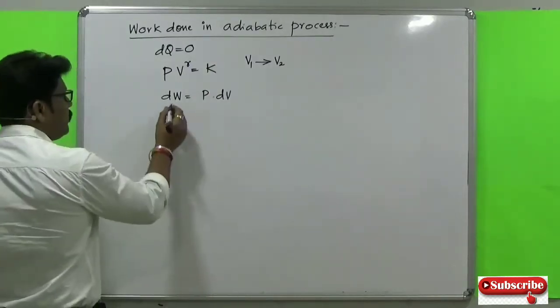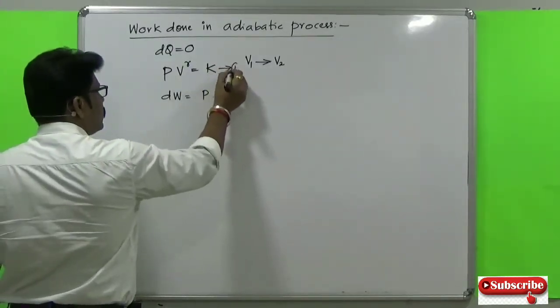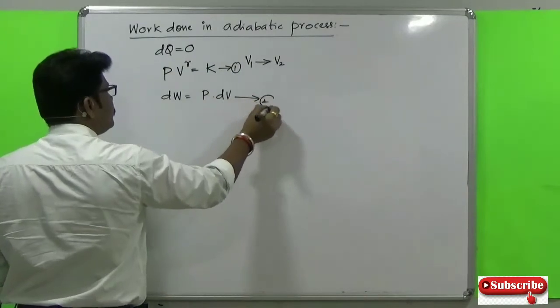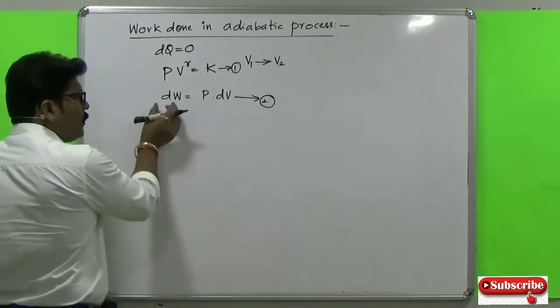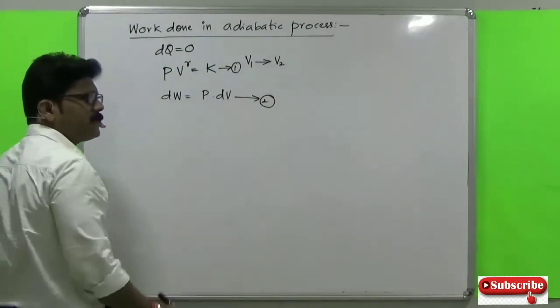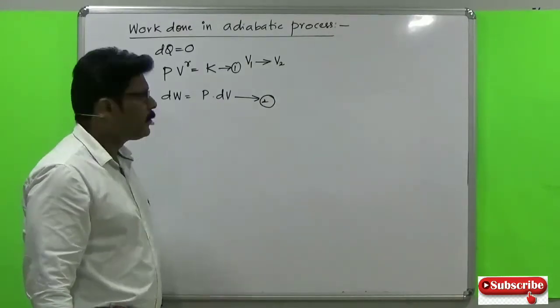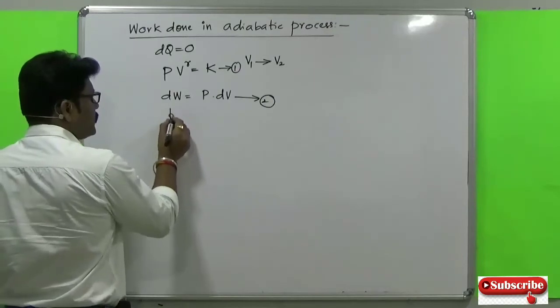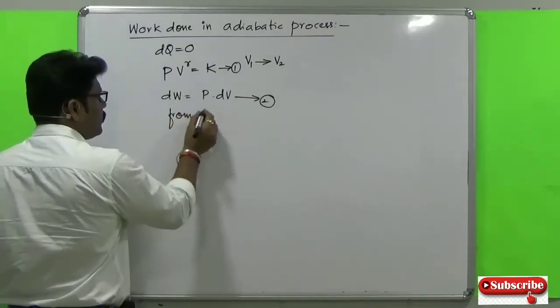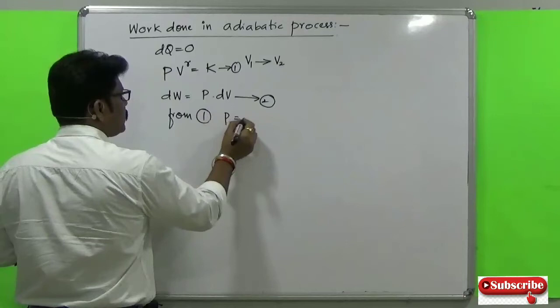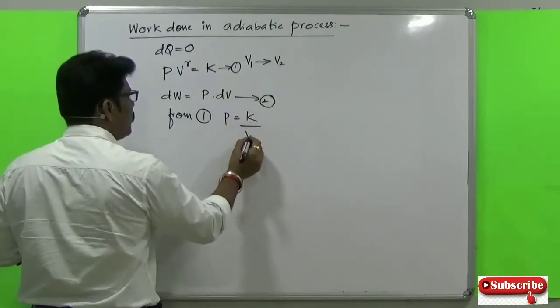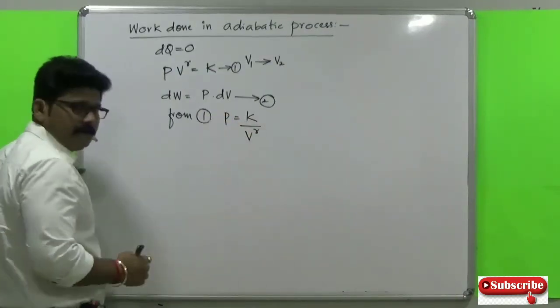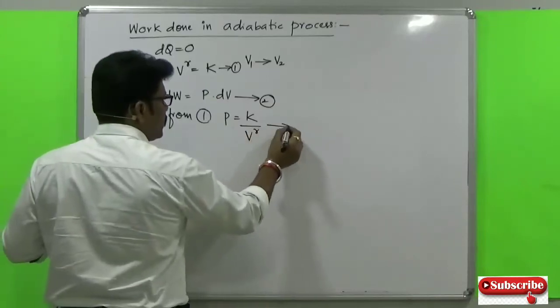Now dW, this is equation number 1, and equation number 2 is this. This is a small work done to increase the small volume dV. Now from equation 1, P can be written as K by V power gamma, equation number 3.